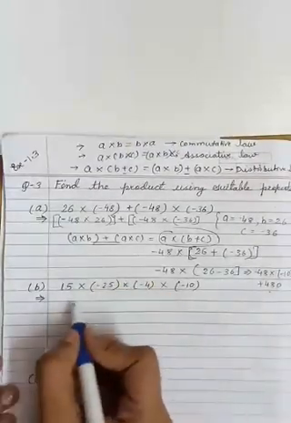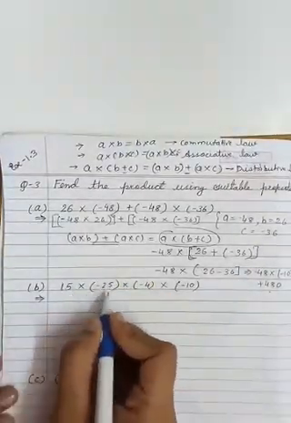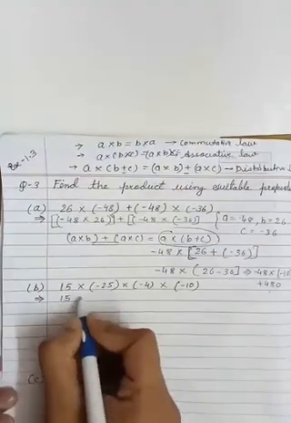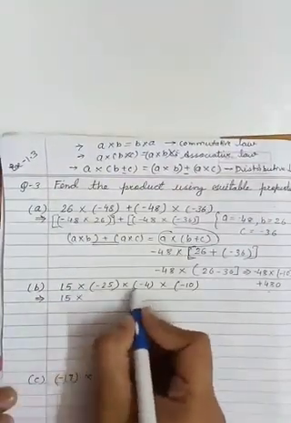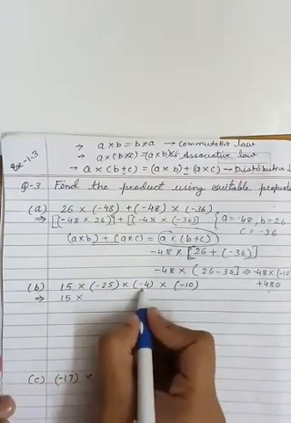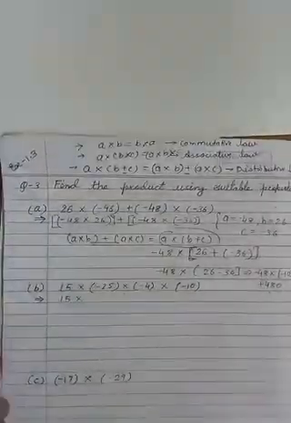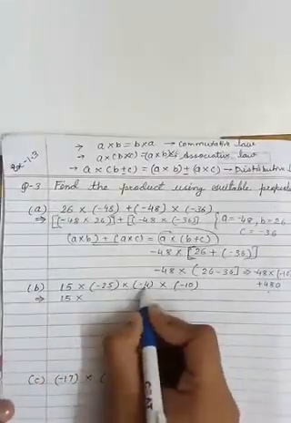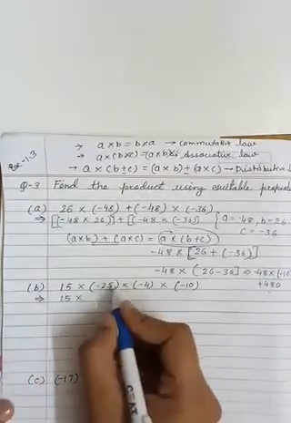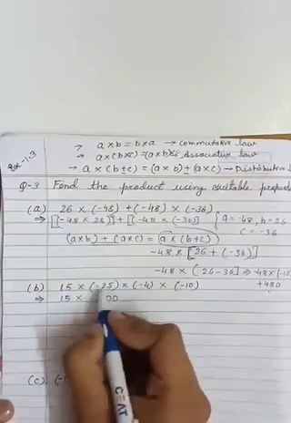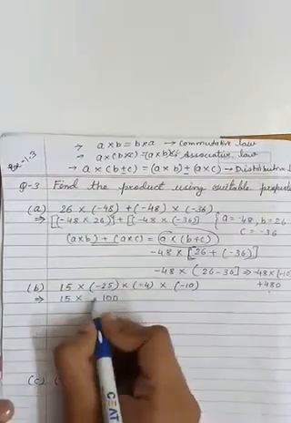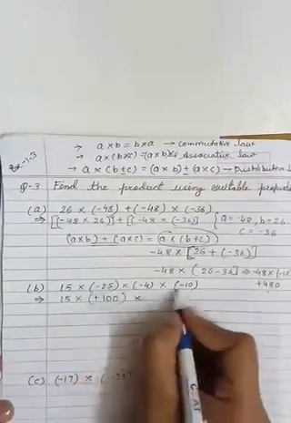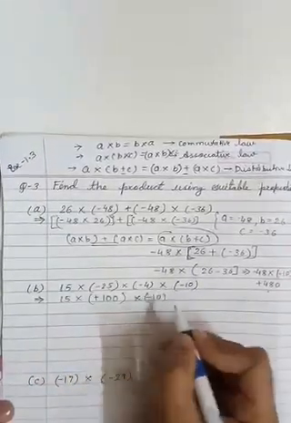So for simplifying it, we can change the order of multiplying. We can keep this 15 as it is, and firstly we are going to multiply this 25 and 4. So 25 into 4 is what? Yes, it's 100, and minus minus is plus. So I'm writing here plus 100 and then minus 10 as it is.